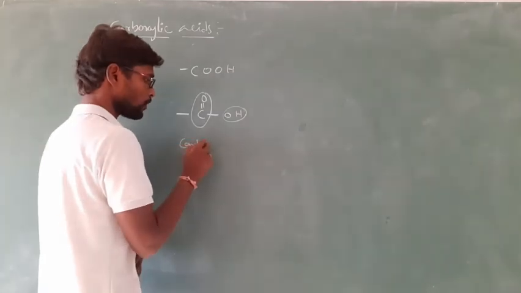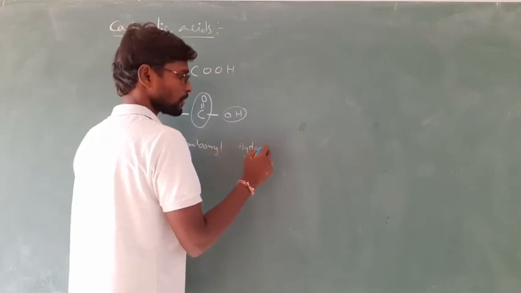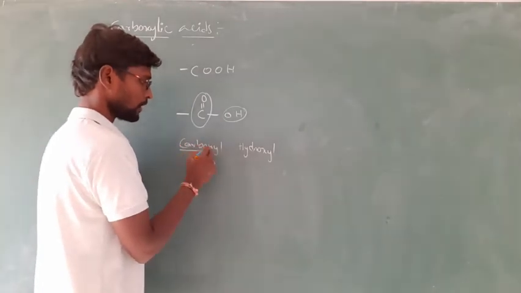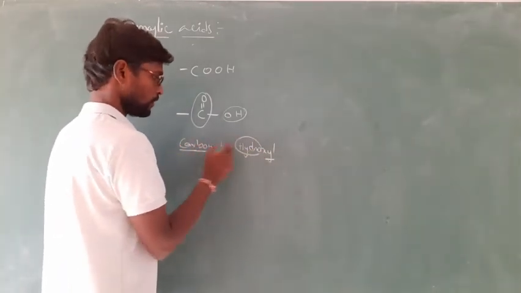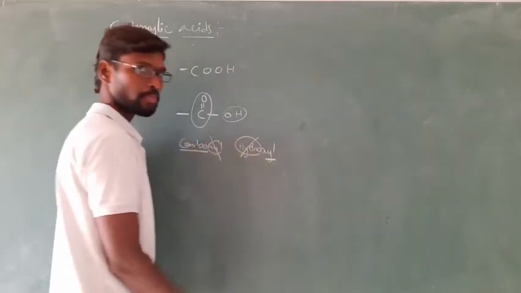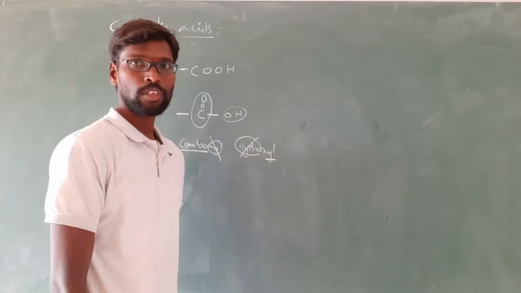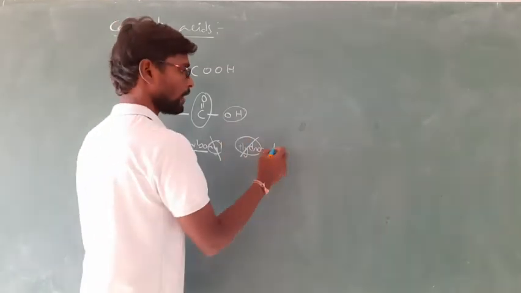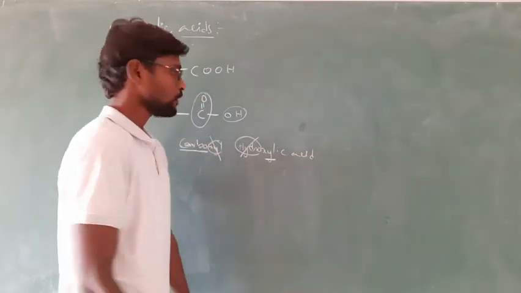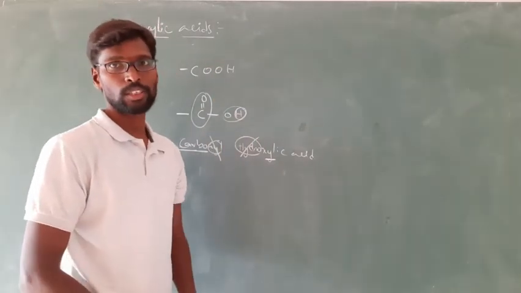If you combine carbonyl and hydroxyl, removing parts of each word, you get carboxyl group. In behavior, these act as acids, so we add the word "ic acid": carboxylic acids. By elimination of this hydrogen, these compounds show acidic nature.